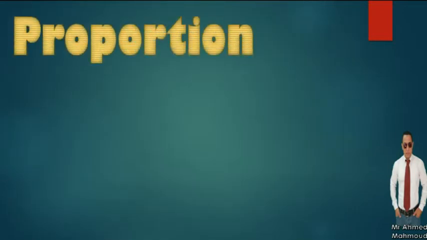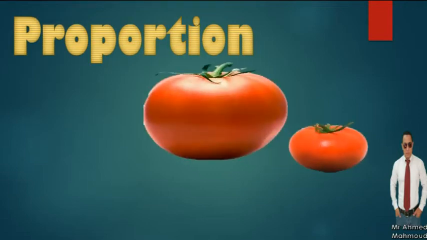Before explaining the meaning of proportion mathematically, let's focus on this picture. Now we have two tomatoes, the first one and the second one. By looking carefully at the two pictures, you will find they are not the same.